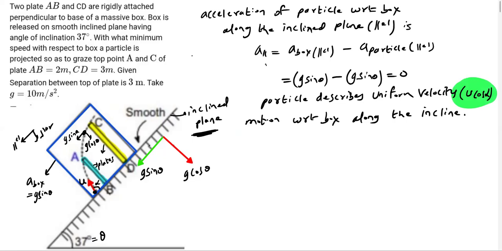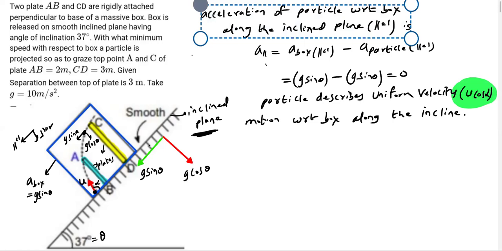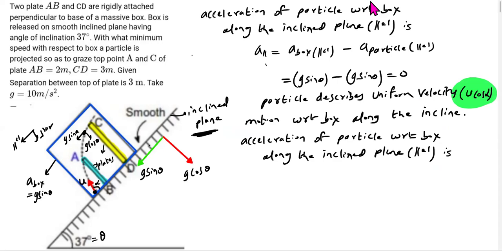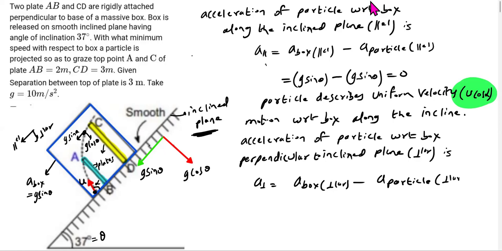Then the acceleration of the particle with respect to the box perpendicular to the inclined plane: a perpendicular equals acceleration of box perpendicular to the inclined plane minus acceleration of particle perpendicular to the inclined plane.